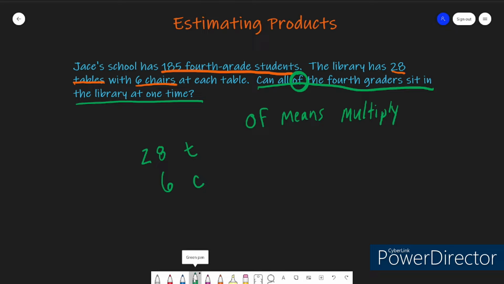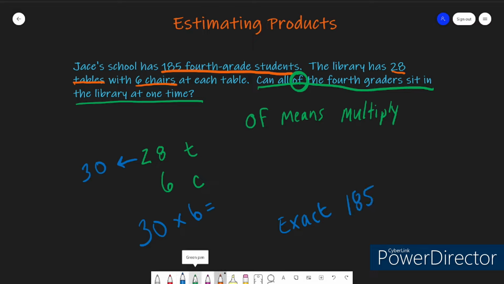But we're estimating, meaning finding easier numbers to use. So what I'm going to do is move the 28 to 30, and then multiply 30 by 6 to see if it gets close to that exact 185 students.